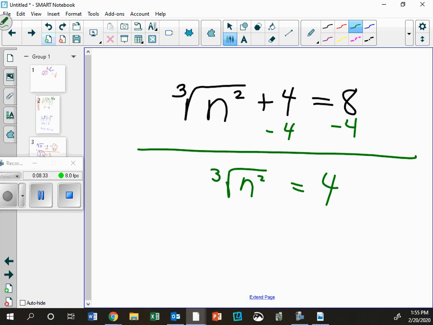Do you know how to rewrite that weird thing so that people will understand it better? That would work. Can you just make it 1 power? 1 fraction power? Yes. N to the 2/3. Notice we didn't do something to both sides. We just rewrote this weird looking thing as a fraction power.